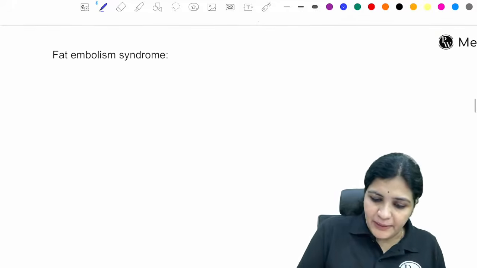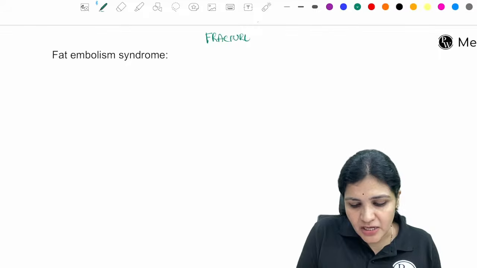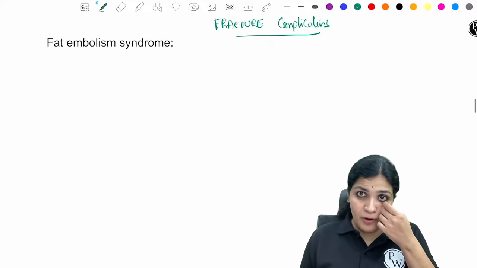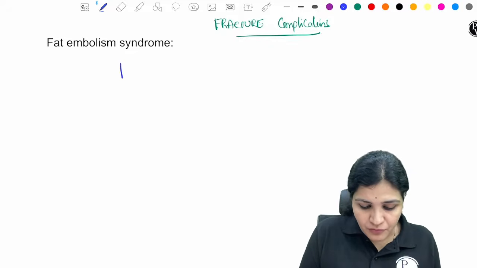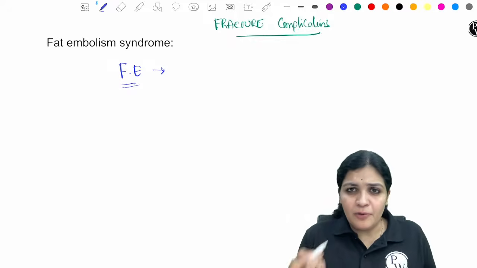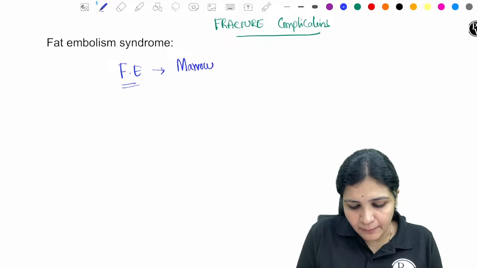So now we have completed fracture and now we are dealing with fracture complications. I'm going to teach you about three important complications here which are very important for your exams. The first one is the fat embolism syndrome. Why are we concerned about this fat embolism? Because you all know that the adult marrow is made up of fat, right?